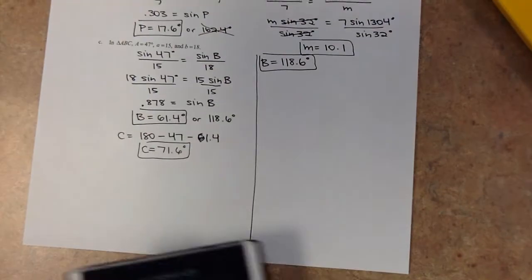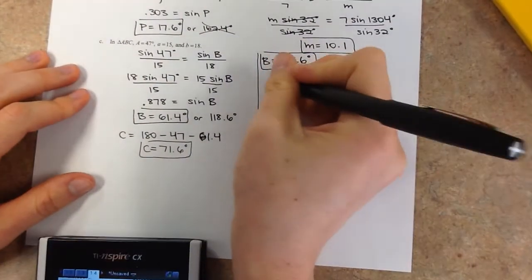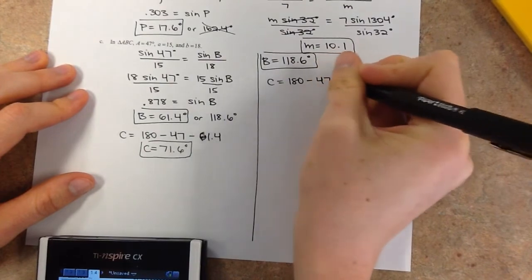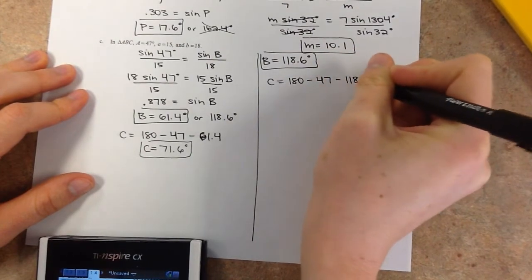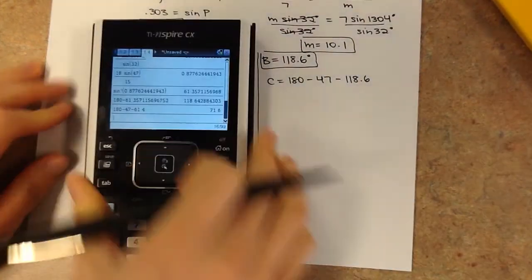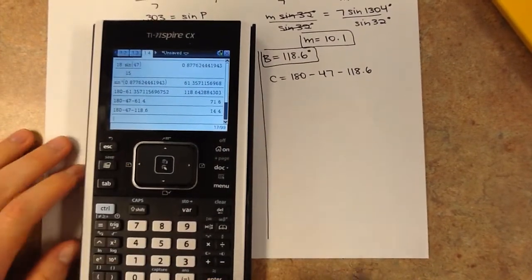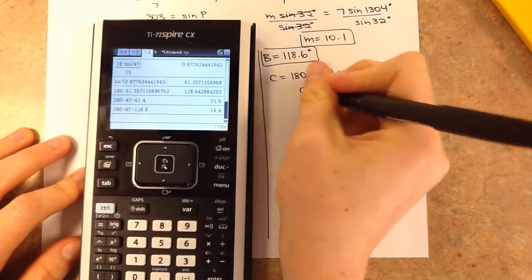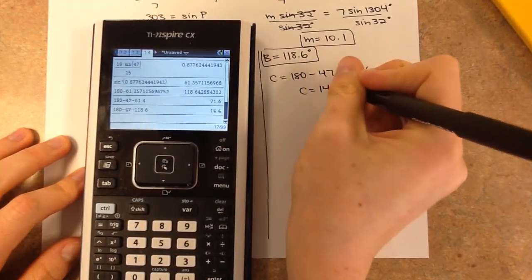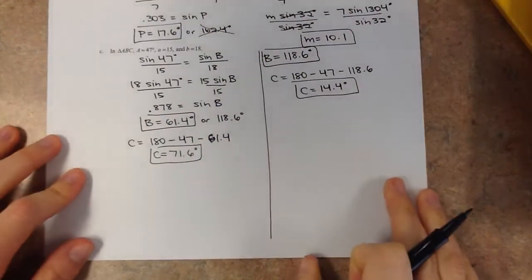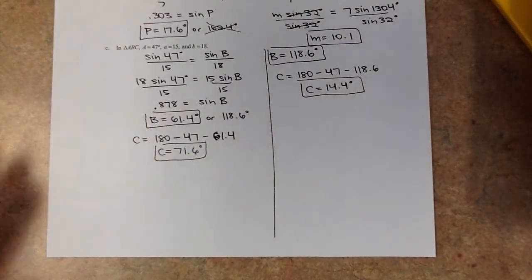And in this situation, it'll be much smaller because I don't have much left to go. A is 47, and then this value of B is 118.6. There's not very many degrees left. So it's going to be a little small angle like that, 14.4 degrees. Okay, so we're just missing one piece. Both of our triangles are missing little c, side C.